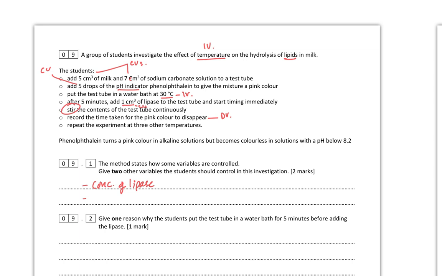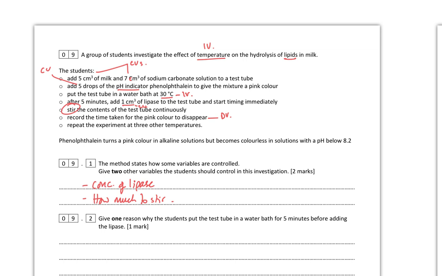So how much to stir? There we go. Let's just check I've got them right. I could say concentration of all of the things. Speed of stirring. How much to stir? I'd probably get that, I think. But I maybe should put the frequency of stirring.